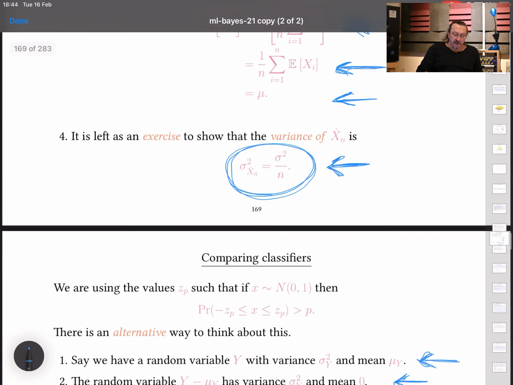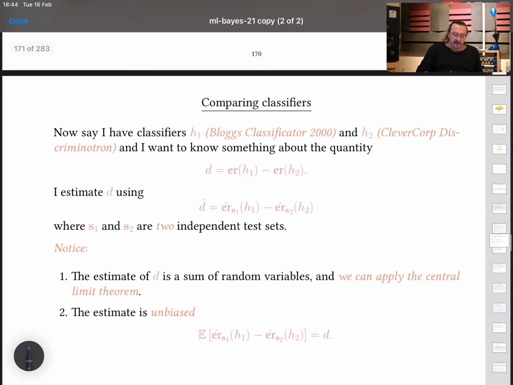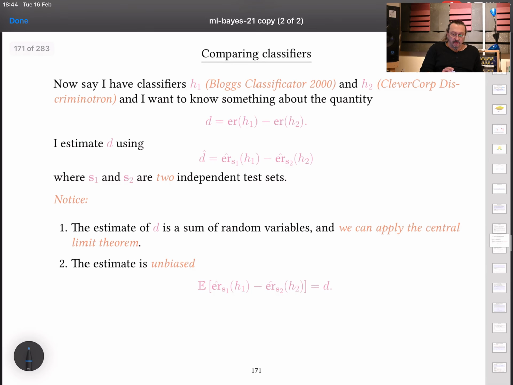But I actually want to know not just about the actual performance of a single h, I want to know about the difference in generalization error between two classifiers h1 and h2. So this is the quantity that I'm actually more interested in.